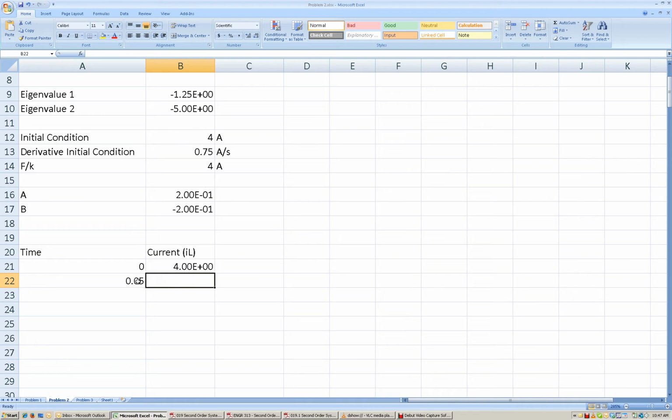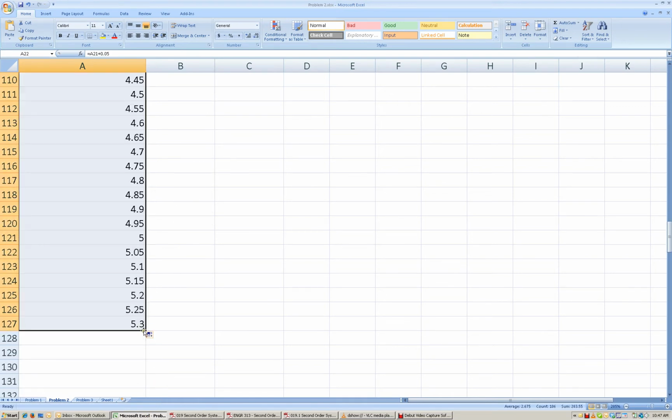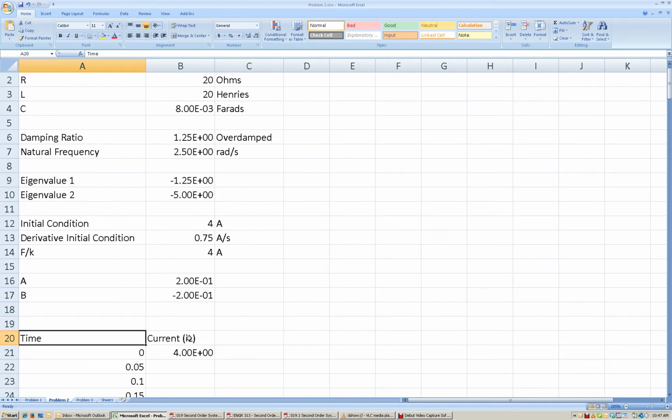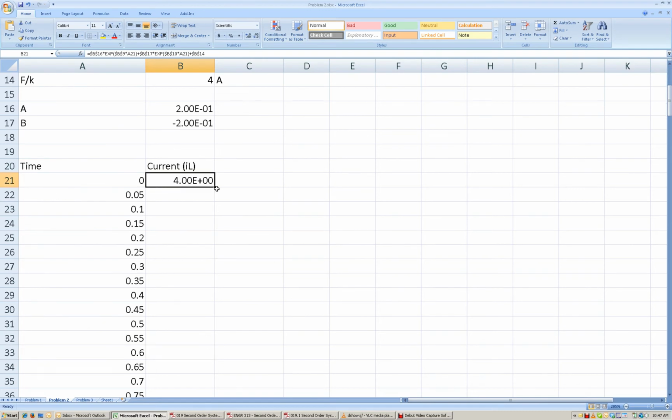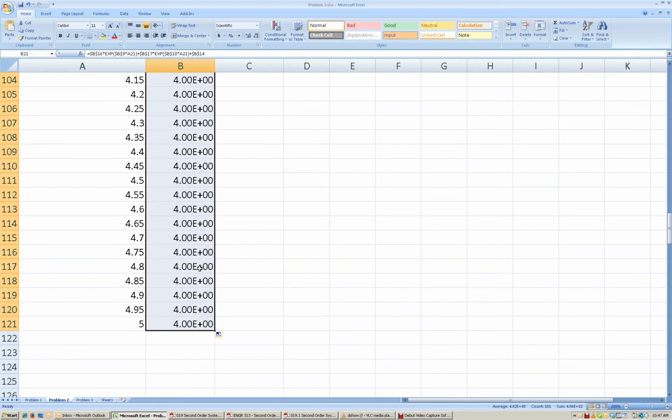And then I'm going to try increments of 0.5 seconds, or half a second, and I'm going to take this formula and fill out the rest of the columns, or drop it down to the rest of the column.